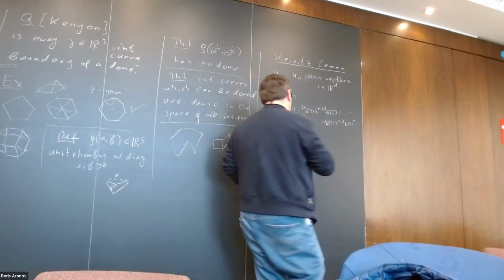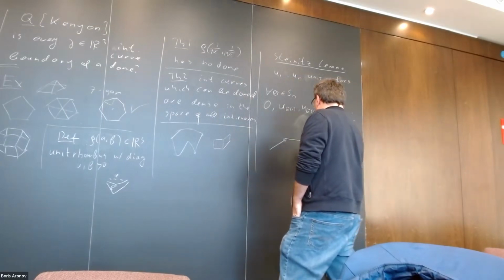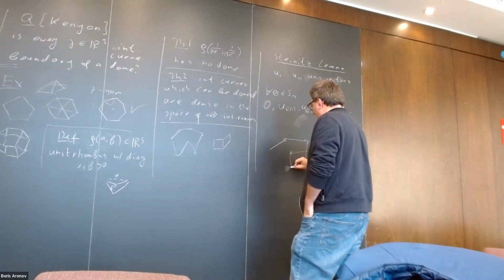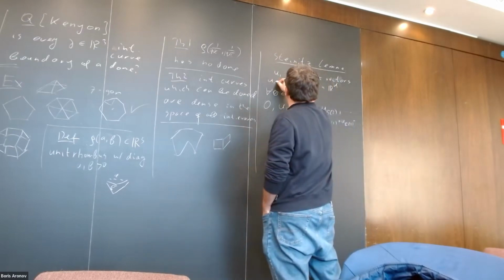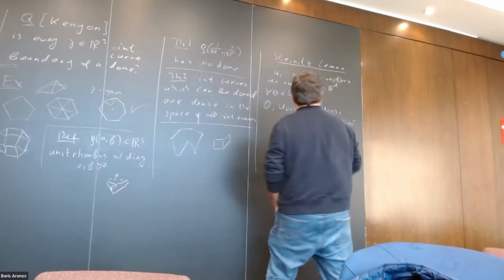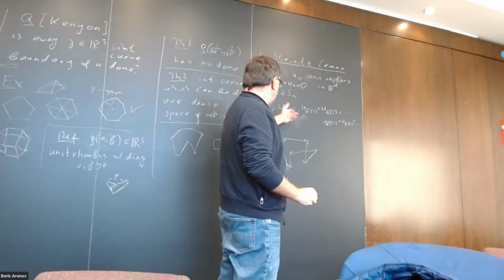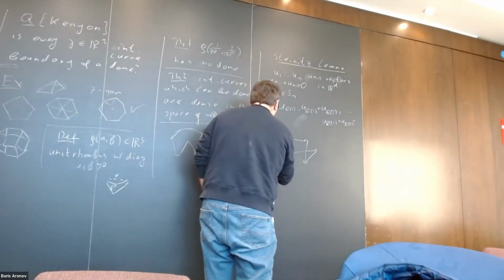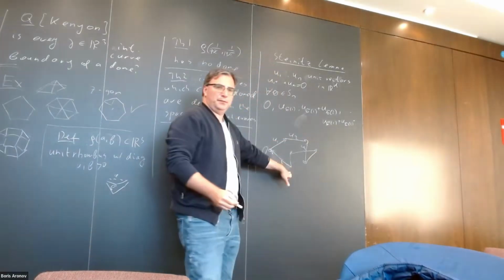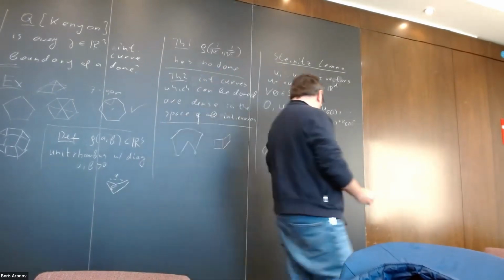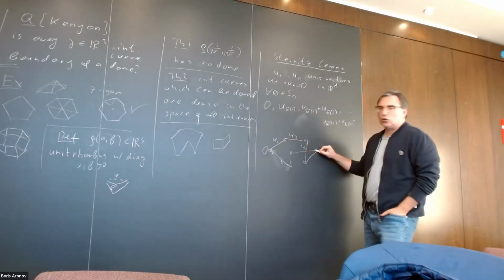Okay, let me draw a picture in the following way. Those are some kind of unit vectors, and I should have said that u1 plus dot dot dot plus un equals 0. And now we're looking at, so let's say you start with 0. This is u1, u2, u3, and so forth. So here's what you want. You want to measure the maximal distance from the origin to all of those points.